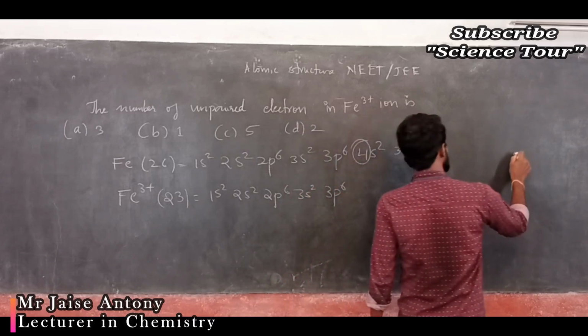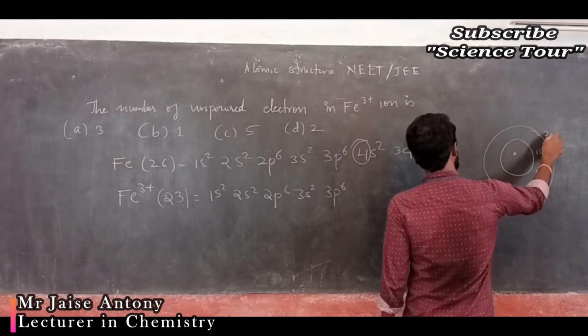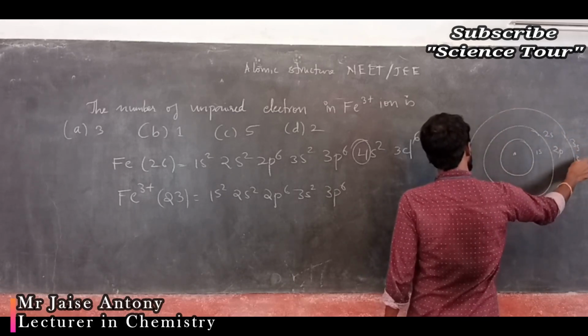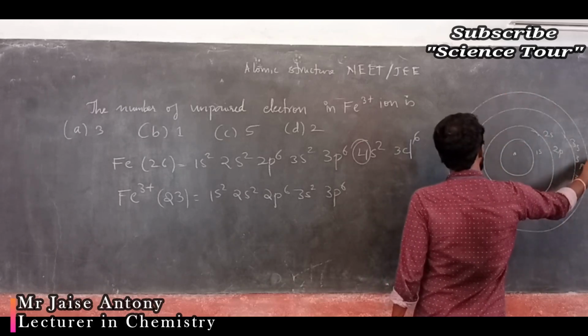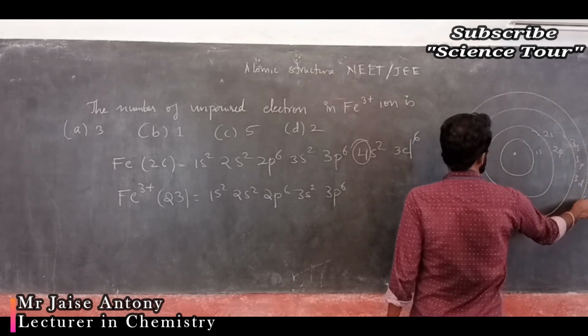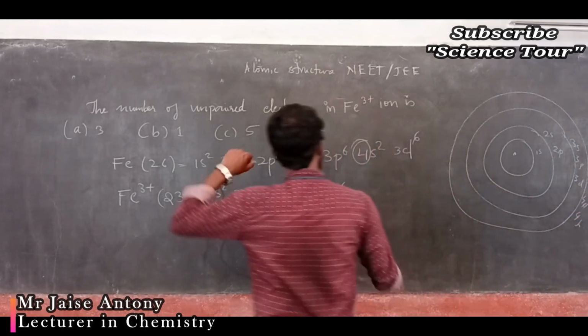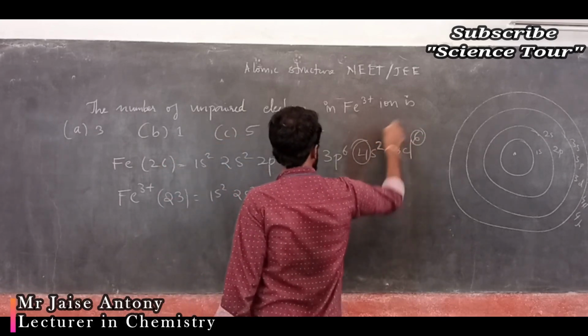See, this is the first shell, 1s, second shell, 2s, 2p, then third shell, 3s, 3p, 3d, next is 4s, 4p, 4d, 4f. So 2 electrons are removed from 4s, and one more electron is removed from 3d.